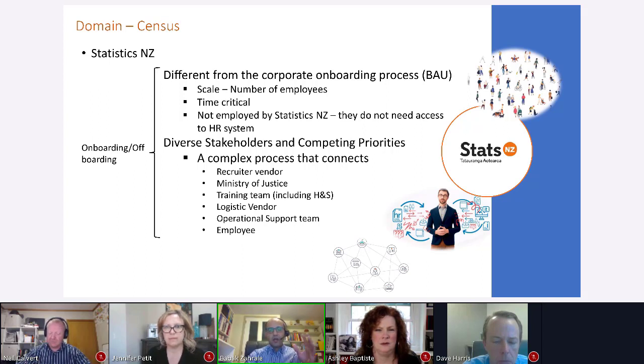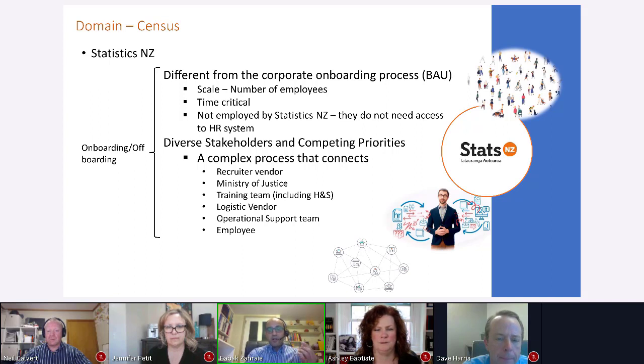Actors like the recruiter vendors who employ our staff, Ministry of Justice for criminal conviction checks when we employ people, training teams to train employees according to their role in the field, plus health and safety requirements, the logistics vendor who provides the equipment to our field staff, and our operational support team who support these employees during operation.